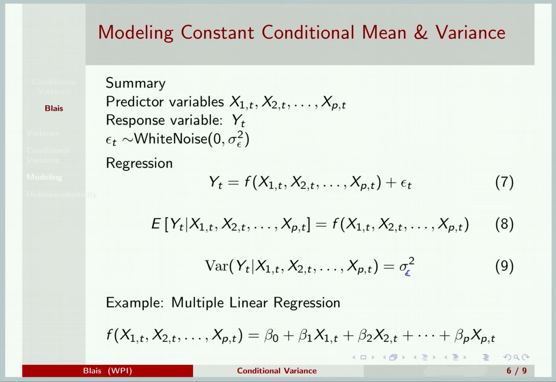This is a very standard and common model to use in financial modeling. Perhaps the most common and most famous example of this is multiple linear regression. In the case of multiple linear regression, our function f is this linear function of the predictor variables, with beta coefficients, and typically you are fitting this using an ordinary least squares routine.